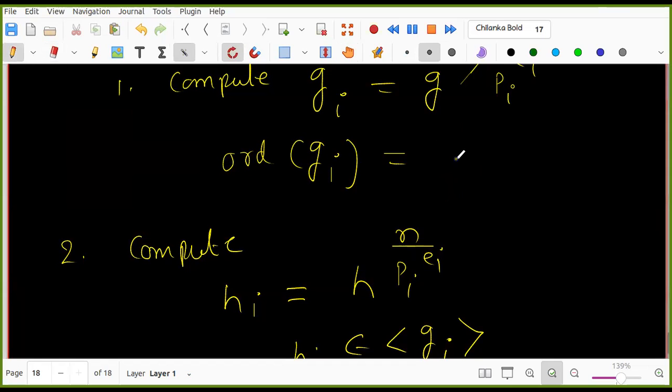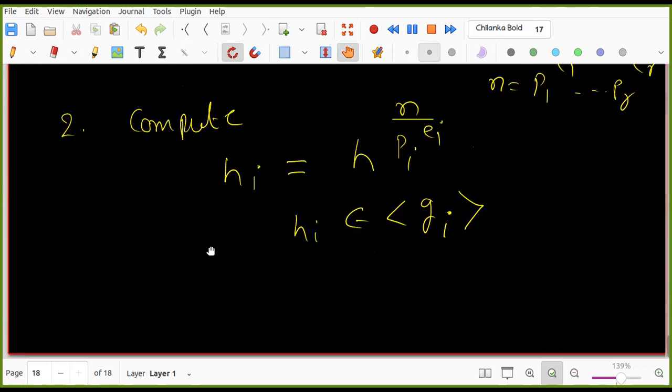Now see, n is equal to p_1 power e_1 up to p_r power e_r, but now I took one particular i. Now h_i and g_i are in a group of order p_i power e_i, so I am in a small problem now. I am computing the discrete logarithm for the prime power p_i power e_i.